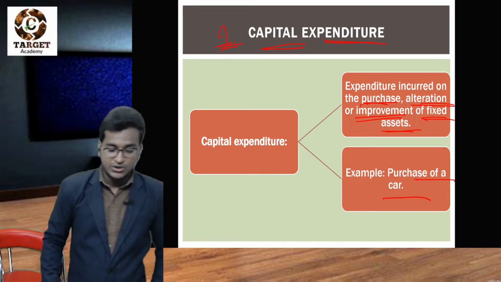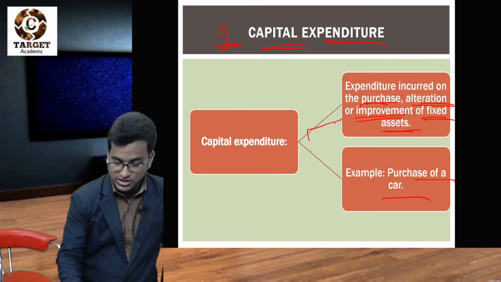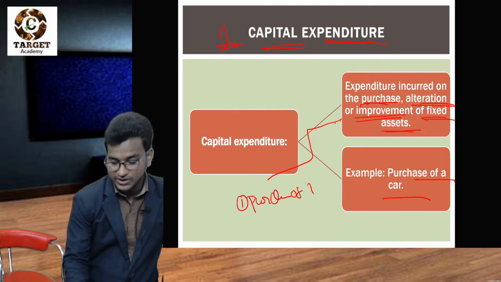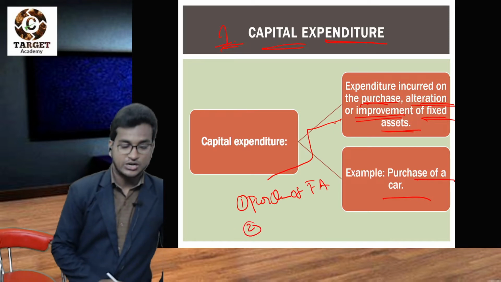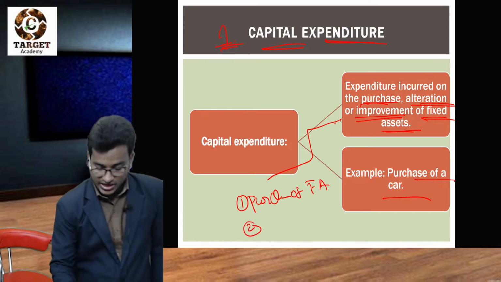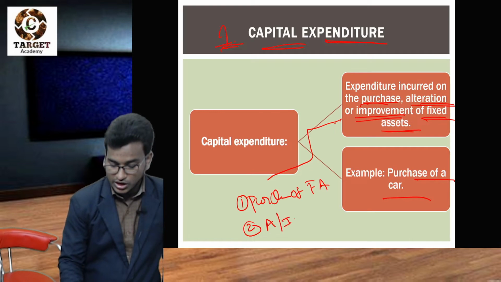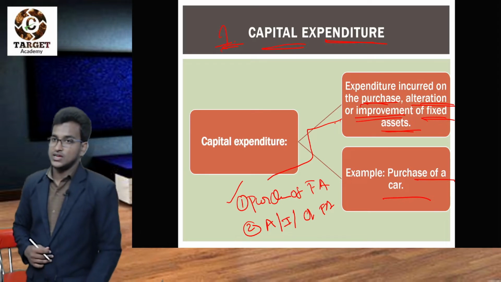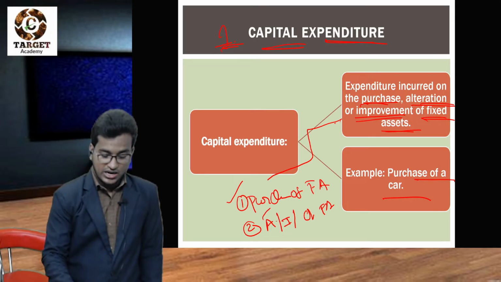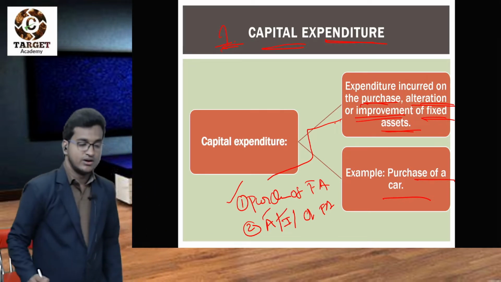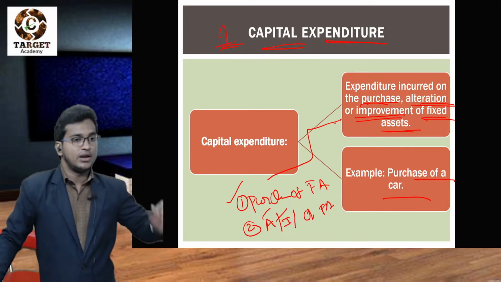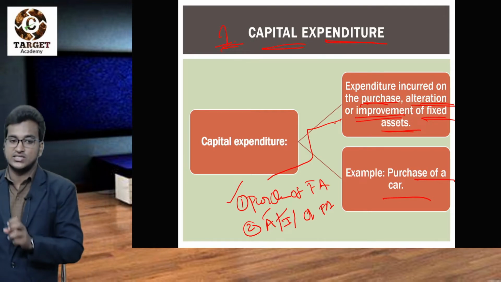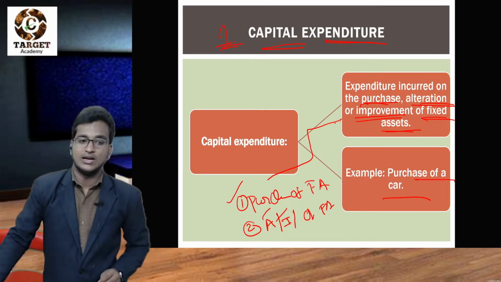We can bifurcate into two: first, purchase of a fixed asset, and second, alteration or improvement of a fixed asset. Simple, if a business organization wants to purchase a fixed asset, that expenditure is called a capital expenditure.